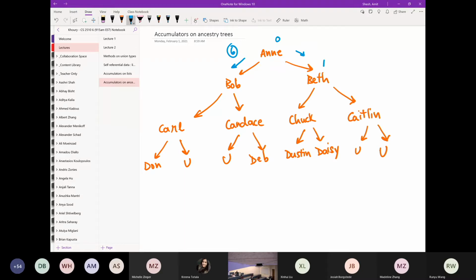Okay? Now, what happens? So let's continue from Beth. So Beth will pass an accumulator of 2 to Caitlin. Caitlin is now going to call this dot mom dot count persons help and pass a number 2 here. Okay? And so 2 is going to get returned right here.